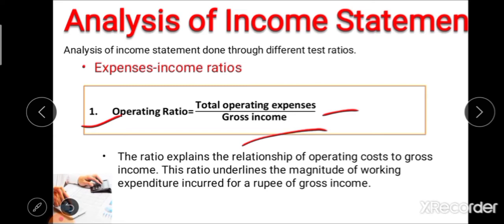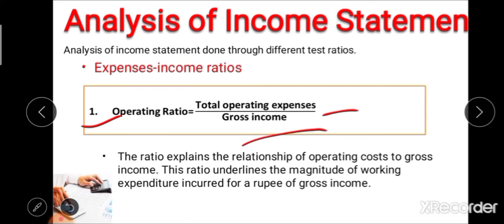If this operating ratio is less than 1, it indicates profitable running of the farm business.